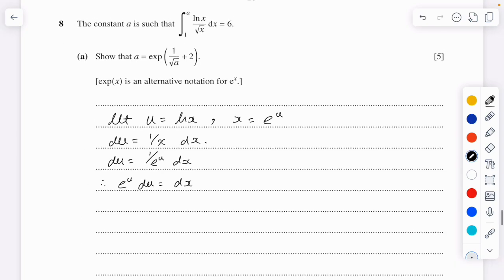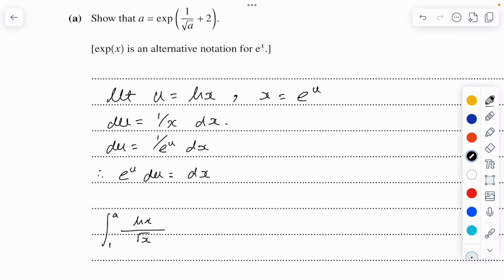So, if we integrate between 1 and a of ln x over root x dx, we can say that according to our new parameters, we've now got ln a at the top, 0 at the bottom, because x equals 1, therefore u must be equal to 0.